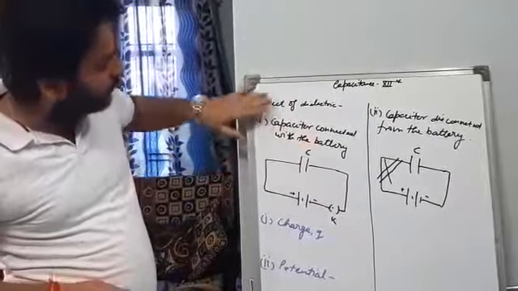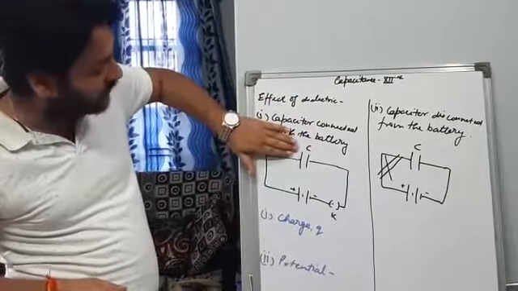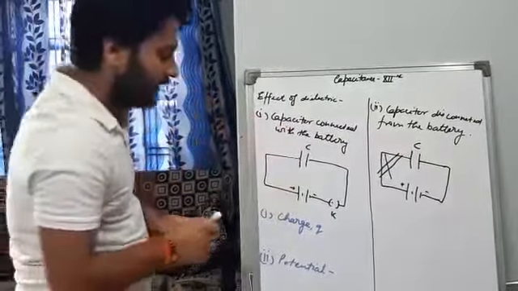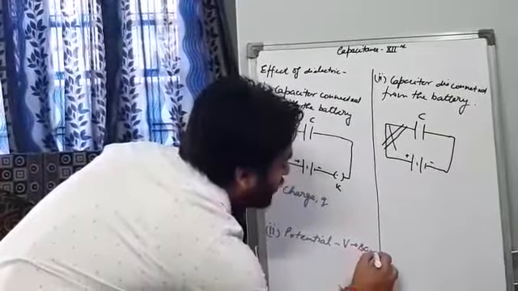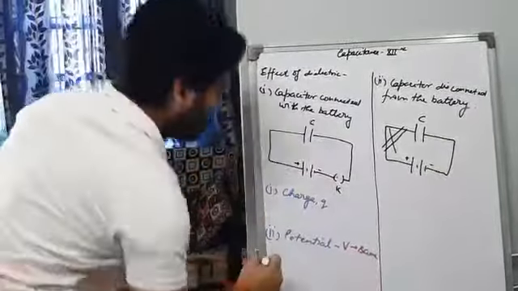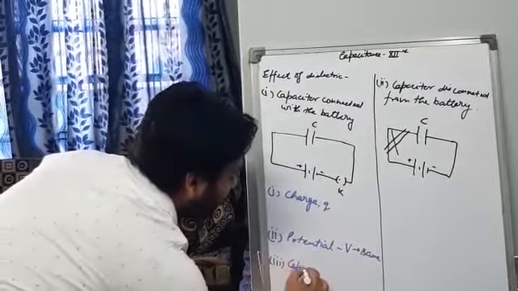So when you introduce a dielectric between the plates of the capacitor, when it is connected with the battery, there is no effect on potential. Keep in mind the third part, that is capacitance.